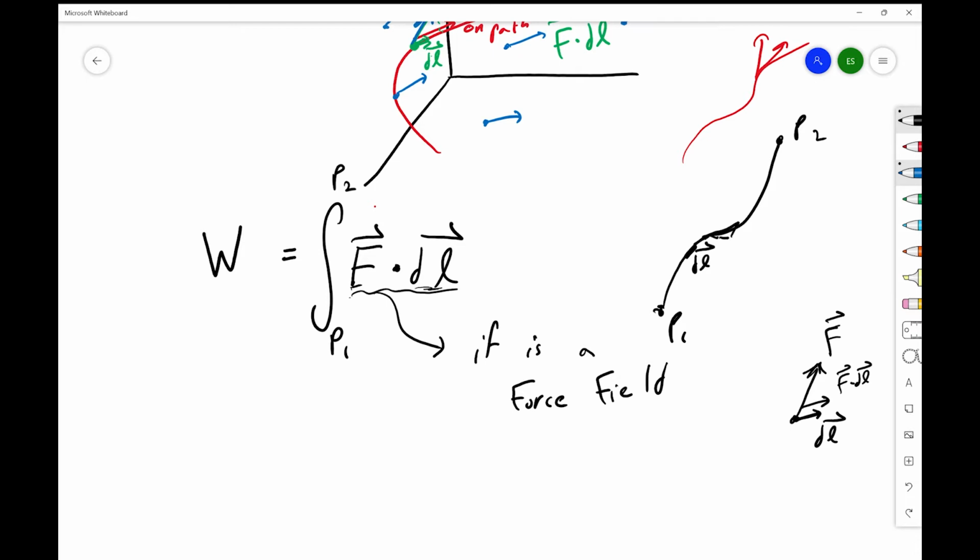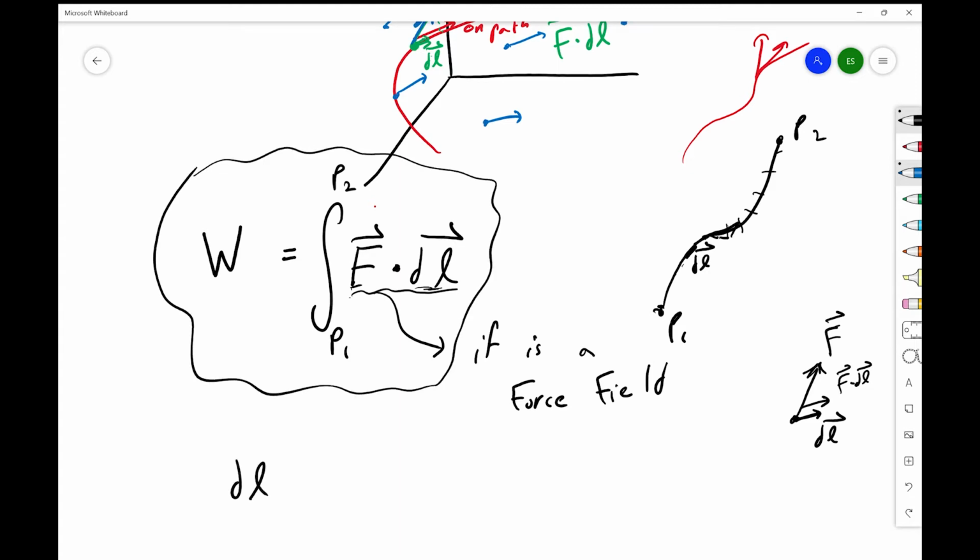That is the work. And then the total work along a curve is the summing up of the work for each segment, right? The force in the direction of the displacement, their product is work, right? So this is called work.